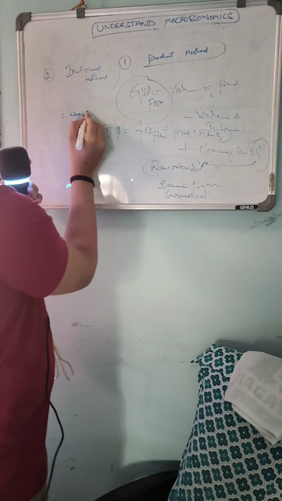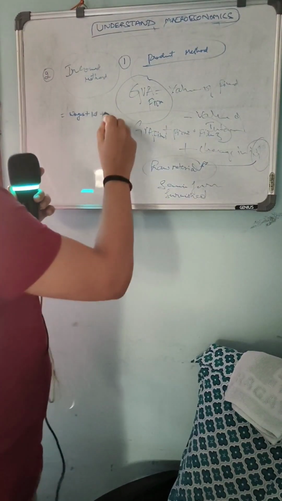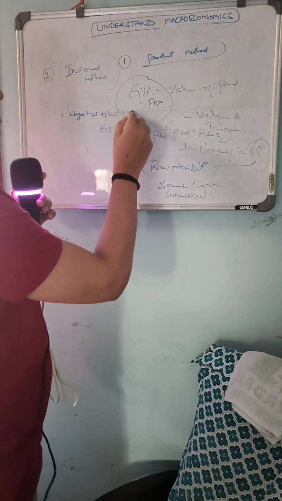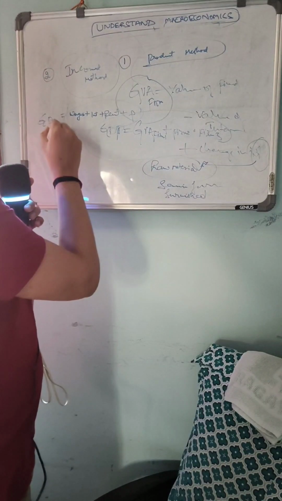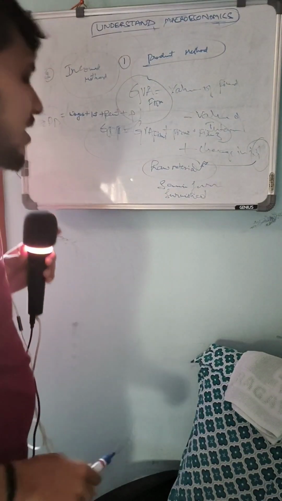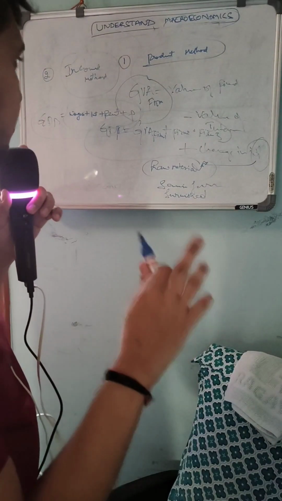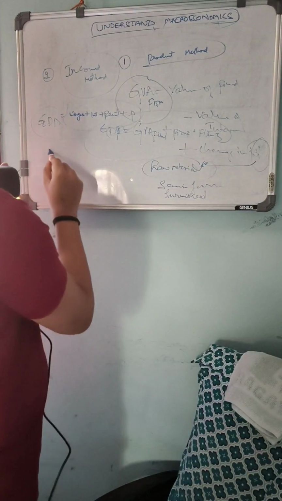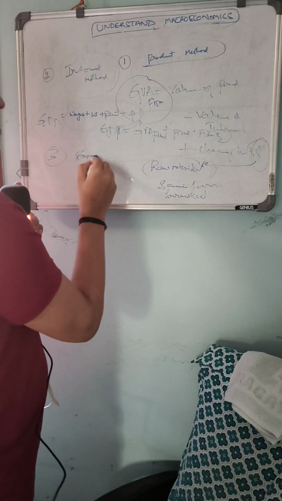Wages plus interest plus rent plus profit is going to be the GDP of this calculation. This is easy.